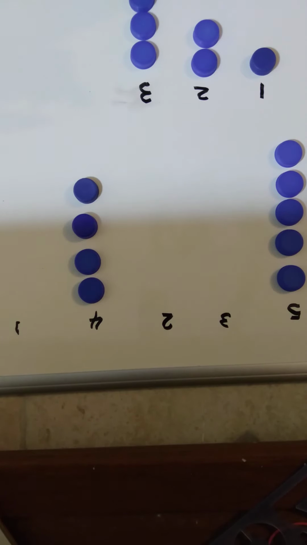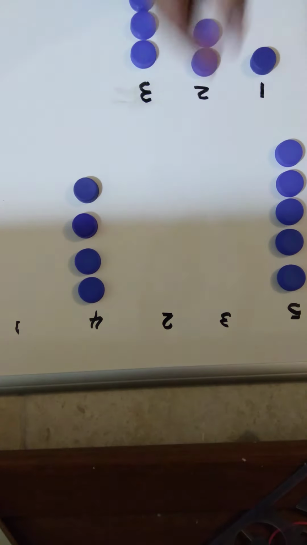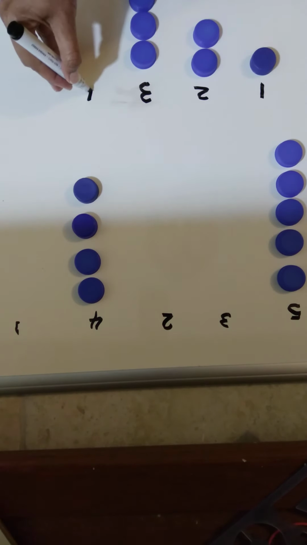They're getting bigger. Now, of these two numbers here, which one has the most counters and which one has less? Yes, number 5 has the most and 4 has less. So remember, we're starting off with the smallest first and then we're leading up to the biggest. So 4 will go next, right?